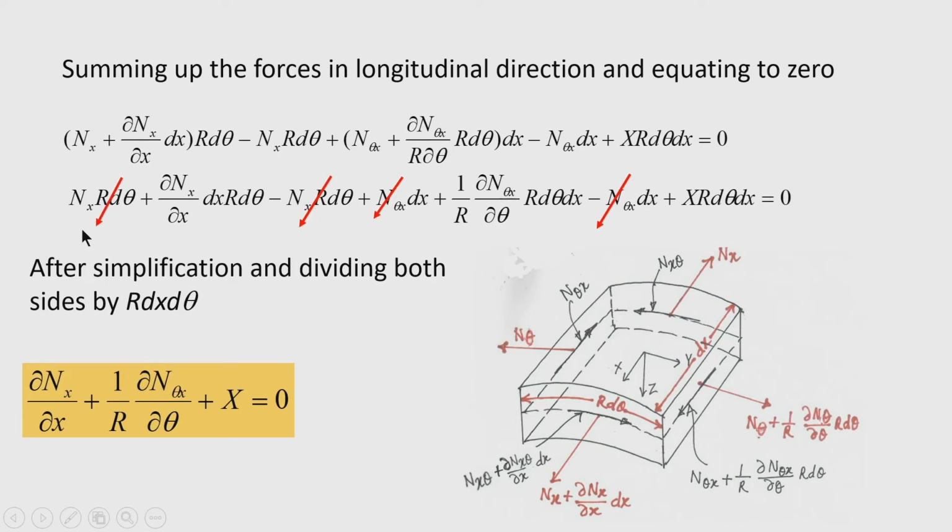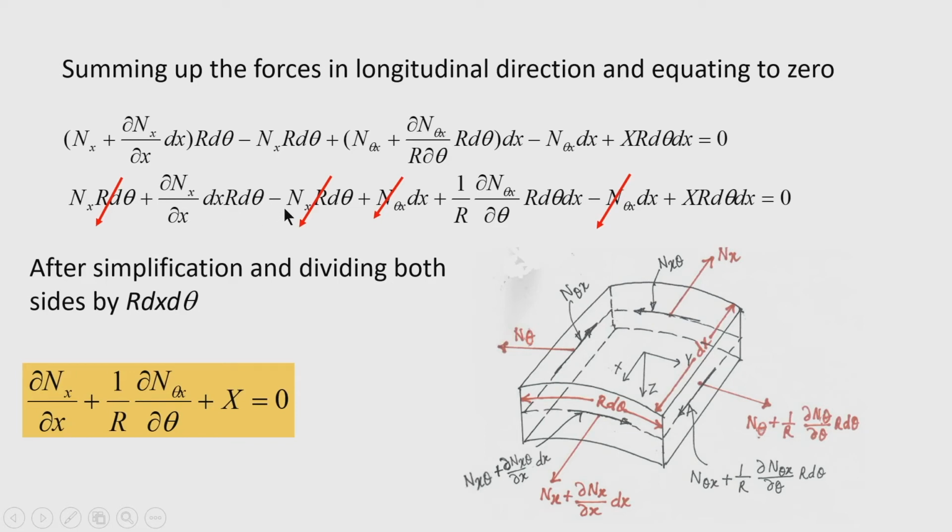So, n x r d theta is cancelled, then n theta x are cancelled. So, ultimately we are getting an equation of this 1 by r del n theta x by del theta into r d theta dx plus x r d theta dx, and already this term is there, del n x by del x dx r d theta.